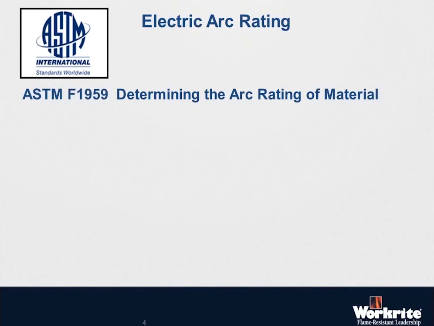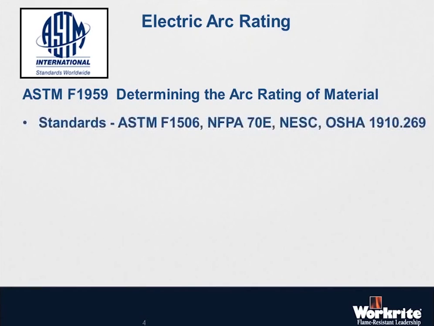This test determines the actual arc rating of the fabric material. That particular test is specified to be used in the ASTM F1506 again. It's referenced by the NFPA 70E standard because the fabrics and garments that are acceptable to that standard have to have an arc rating.